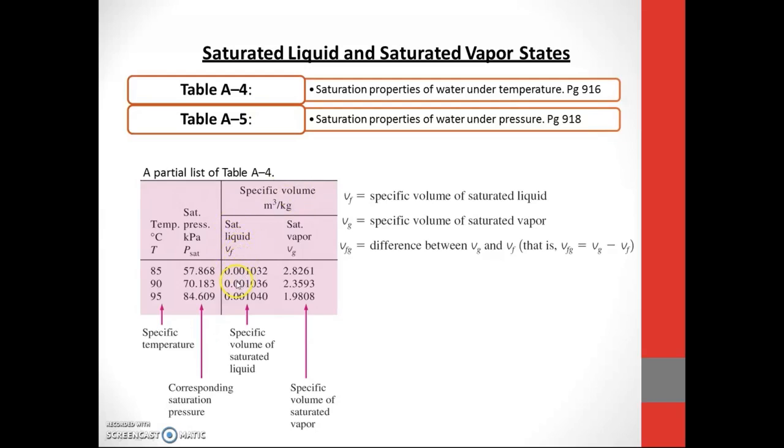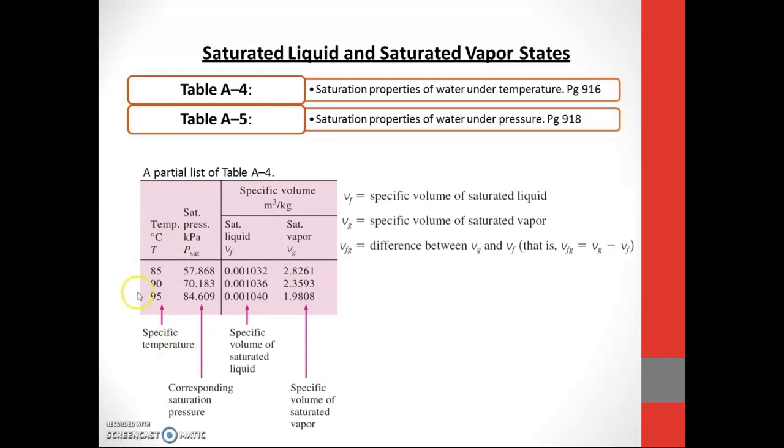So this is the value, and this is the specific volume for saturated vapor. We have different symbols for this. So Vf is for saturated liquid, Vg is for saturated vapor. So be careful with that one. We have two values. Okay.